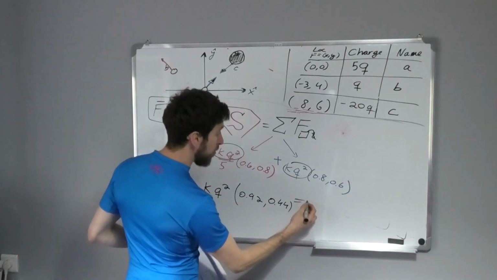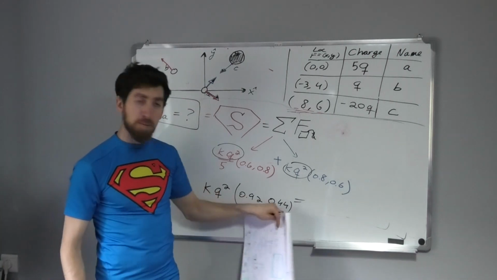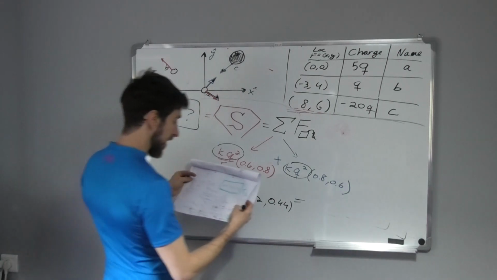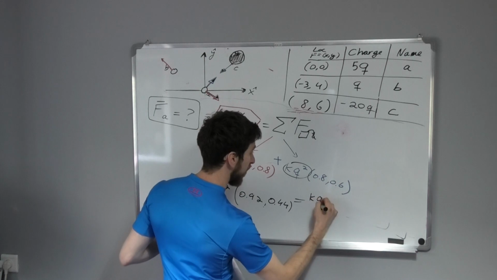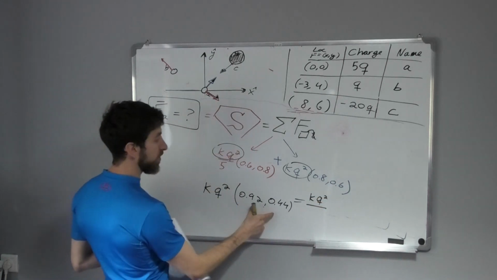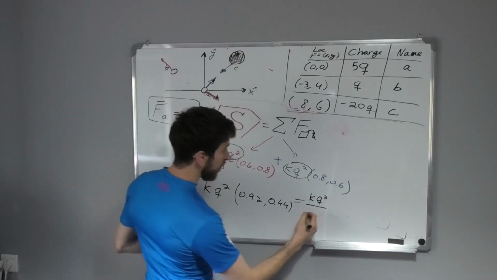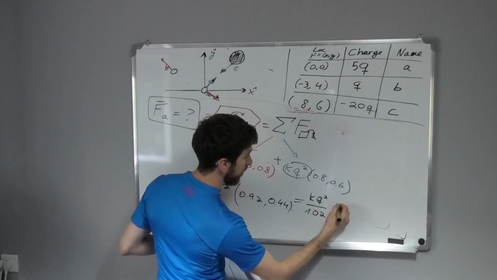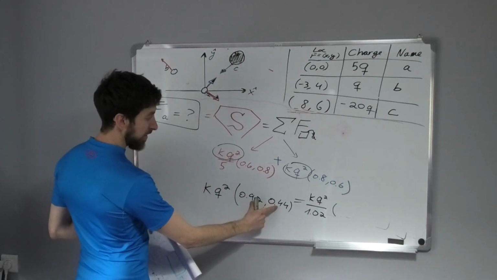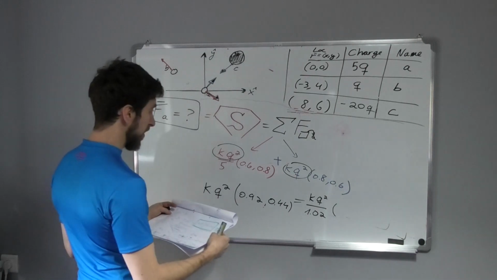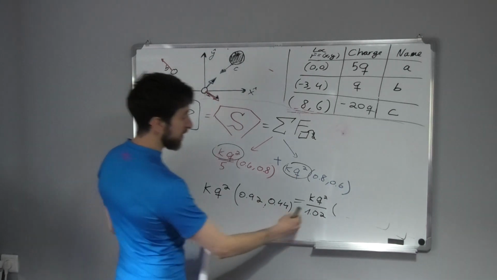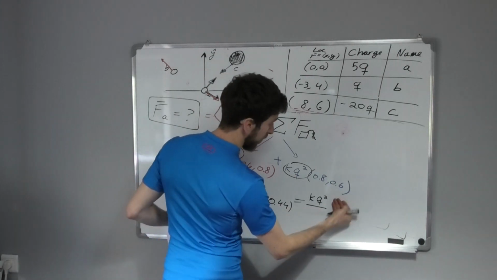And I can also normalize it, right? This is almost normal, but let's normalize it. It's KQ squared times the magnitude of this vector, which is 1.02. I divided by this and multiplied by this, sorry.